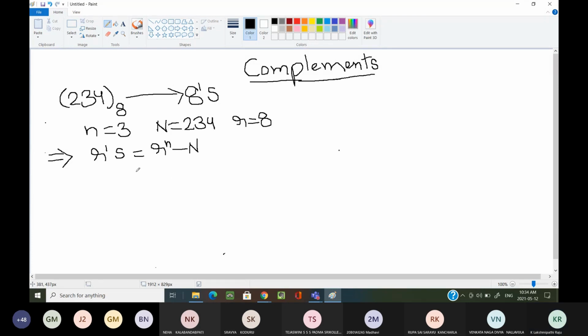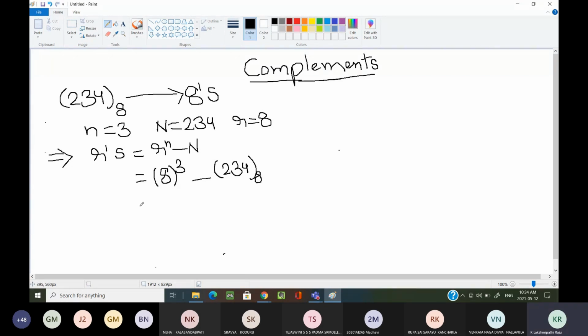Now I'm using that formula: 8 cube minus, what is the given number? 234 of base 8. Now you have to tell me the solution.